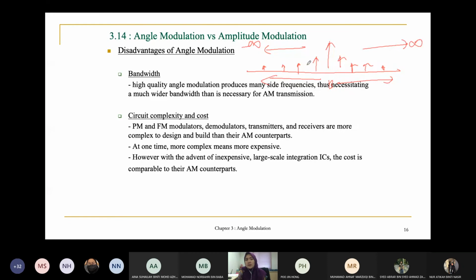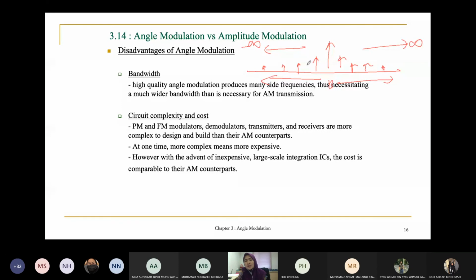Another disadvantage is in terms of circuit complexity and cost. Of course, the angle modulation circuit is much more complex to design, and also much more expensive compared to amplitude modulation.